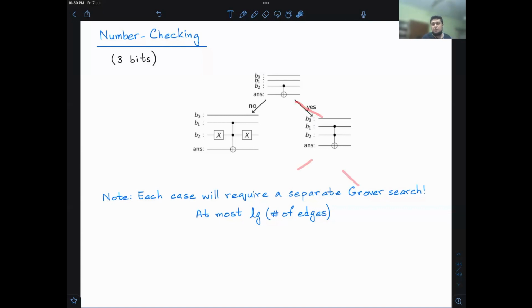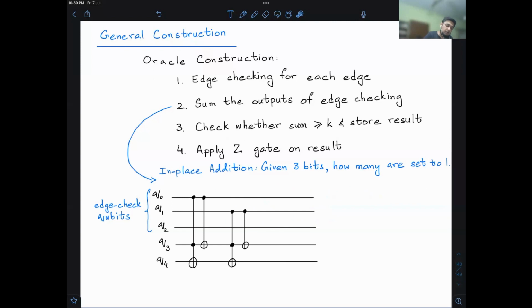I need to repeat this process a logarithmic number of times in order to get to the answer. In each of those iterations, I'll need to run my Grover's algorithm. All right, and so that gives me my generic algorithm for the number checking, as a subroutine in the generic oracle construction for max cut using Grover.